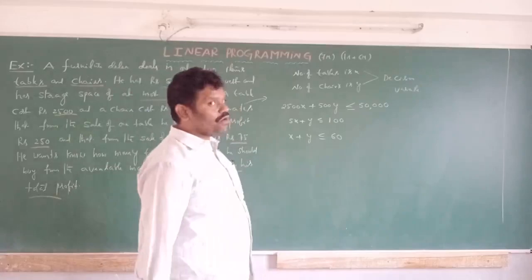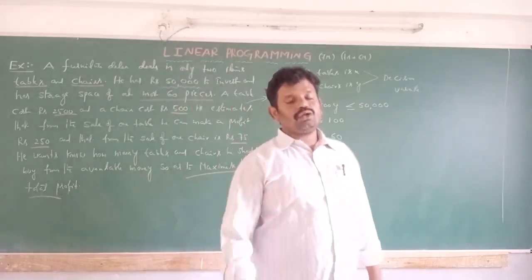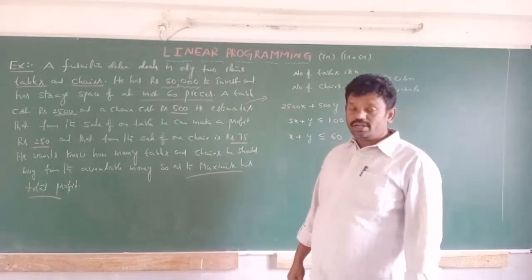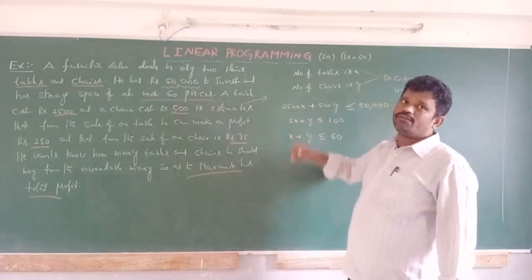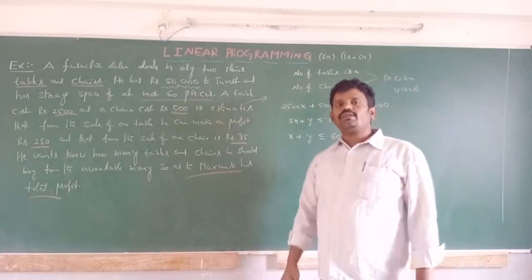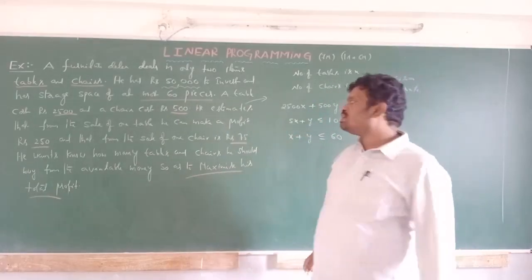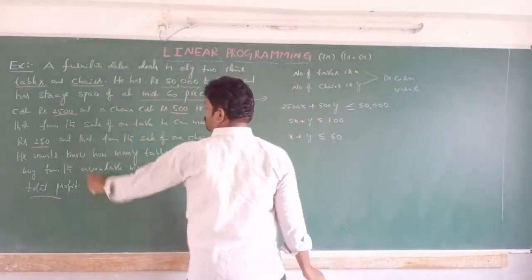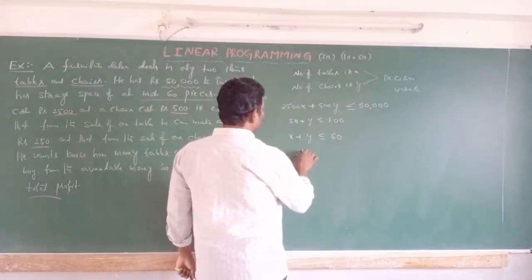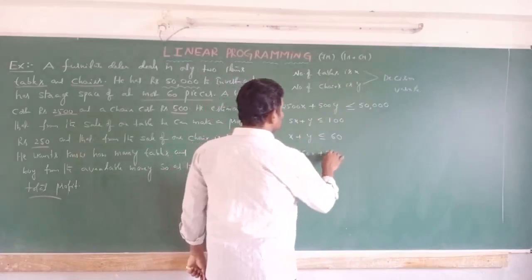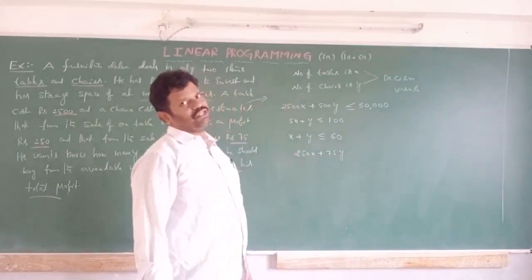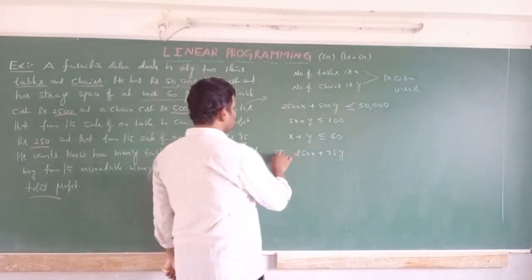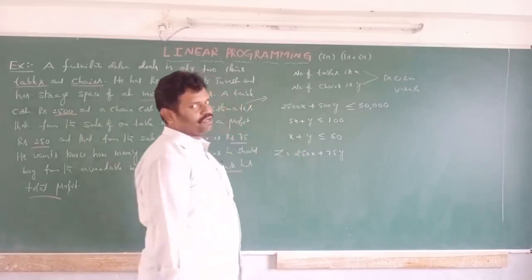Now that person wants to get the maximum profit. How do we get maximum profit? Each table's profit multiplied by the number of tables, and each chair's profit multiplied by the number of chairs. So each table's profit is 250 into x plus 75 into y. Now this is a linear function, called the objective function.